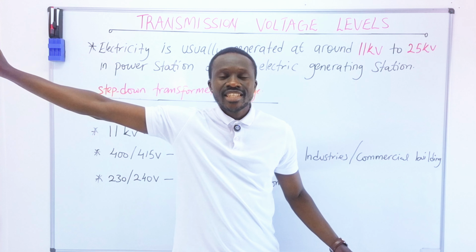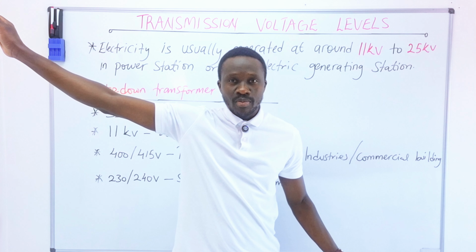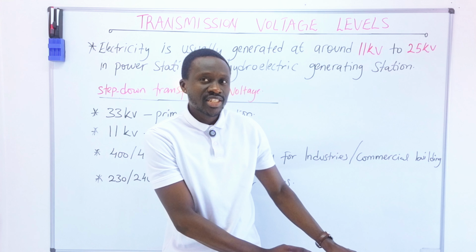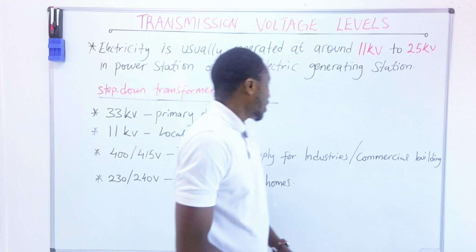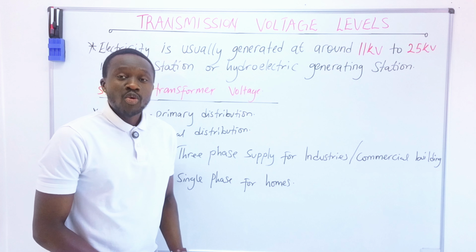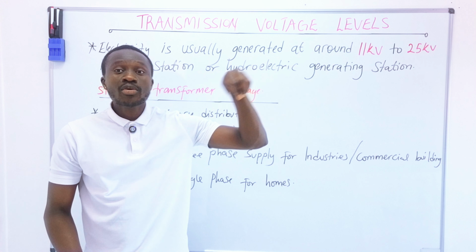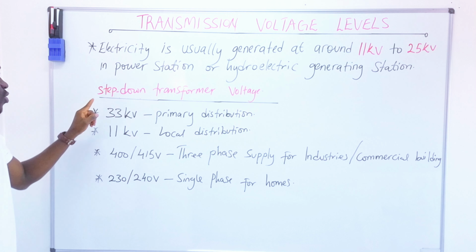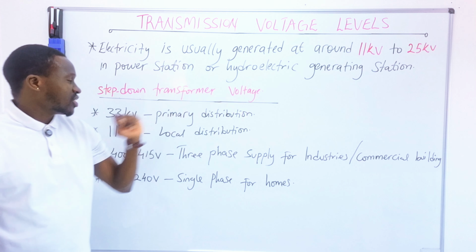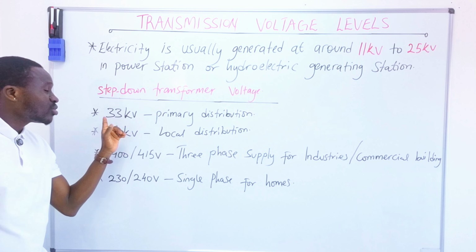There in the main station we had a step-up transformer, but here in the substation we have a step-down transformer. Now a step-down transformer will step down these voltages. Okay, check, we have the step-down transformer voltages. Now it will step down.